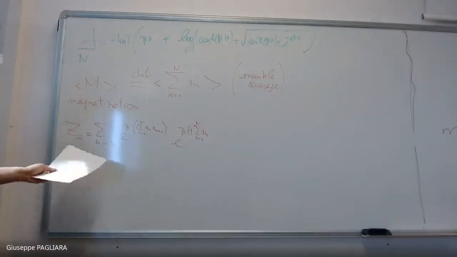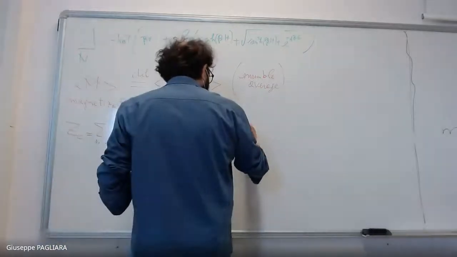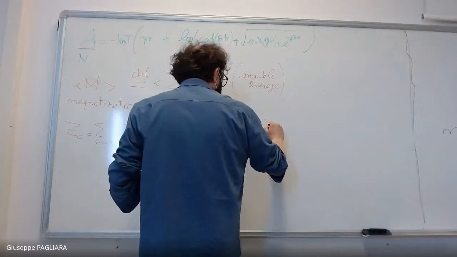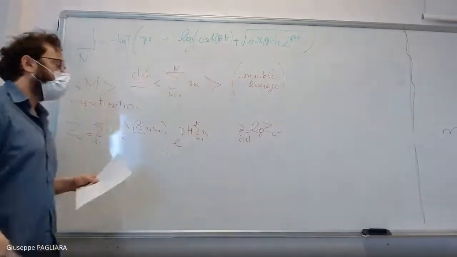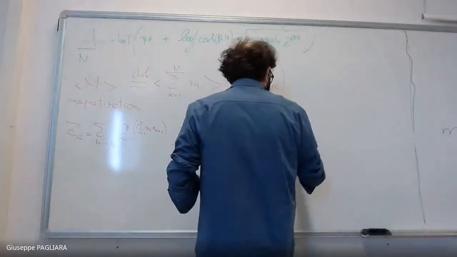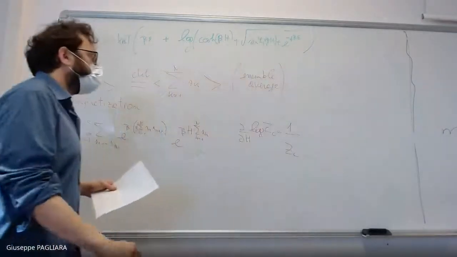And then you see here that if I take the derivative with respect to H of the logarithm of Z_C, since I have a log, I have 1 over Z_C, which provides the normalization.